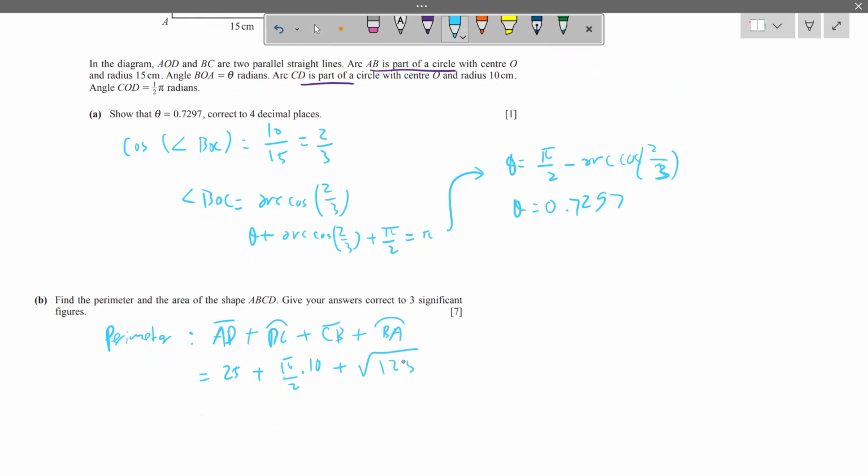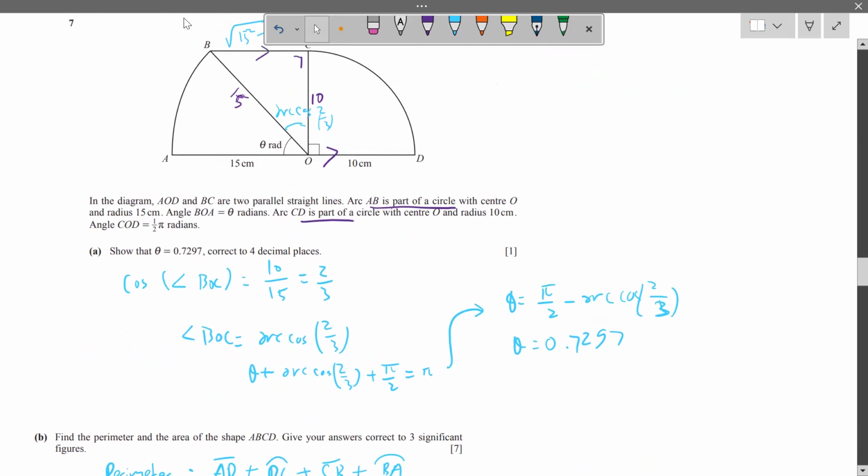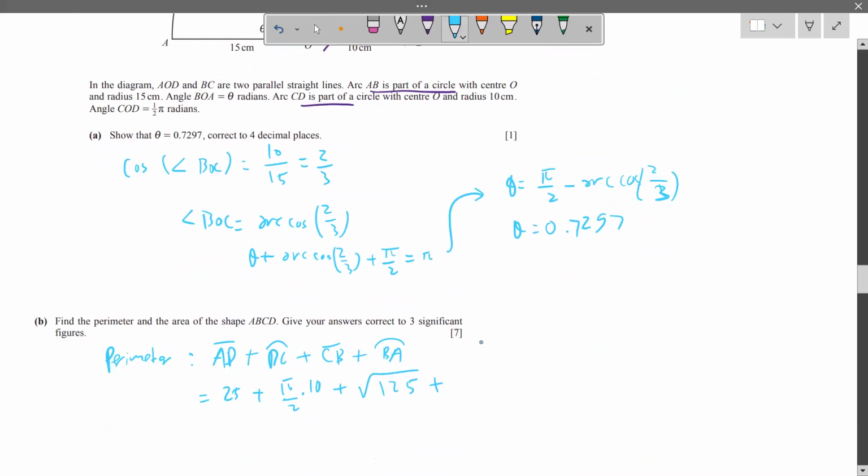And then BA is the arc with the central angle of theta, which we found to be this. So you have theta times r, where r here is 15.